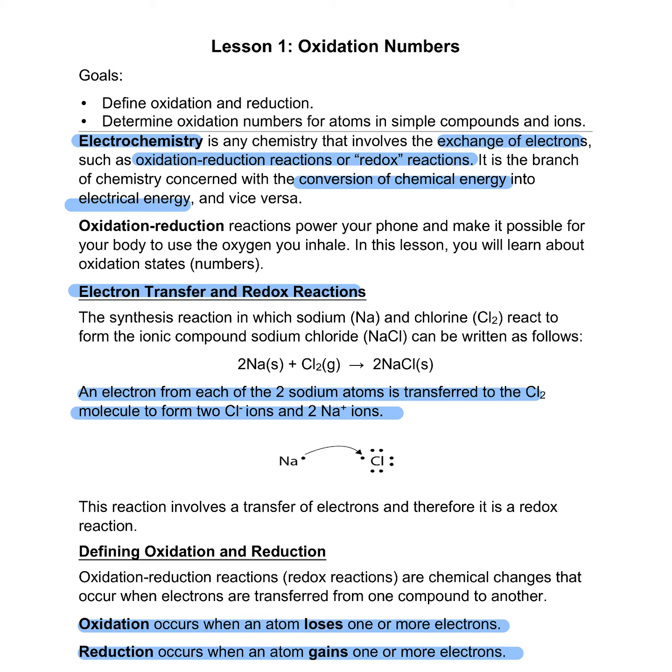So electrochemistry, let's start with, is chemistry that involves the exchange of electrons. I've always said that chemistry is due to the movement of electrons, but a lot of the time, if you're forming covalent bonds, for example, the electrons don't actually change atoms.